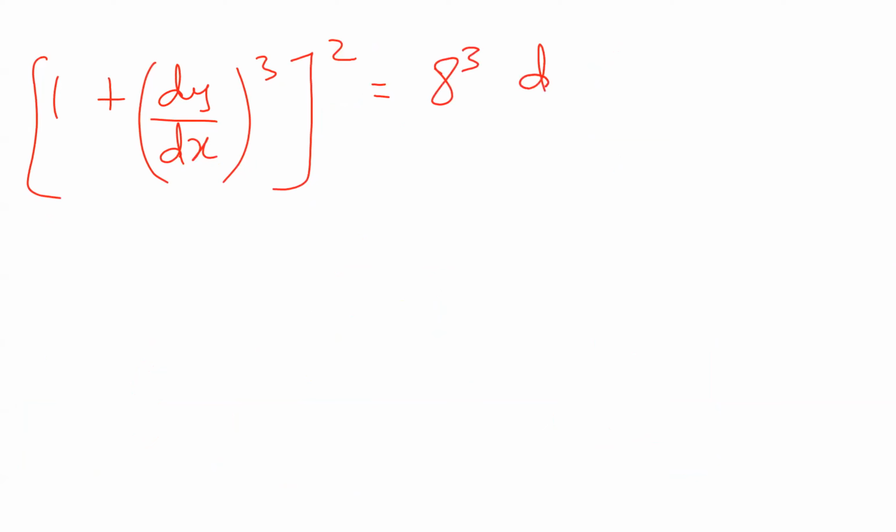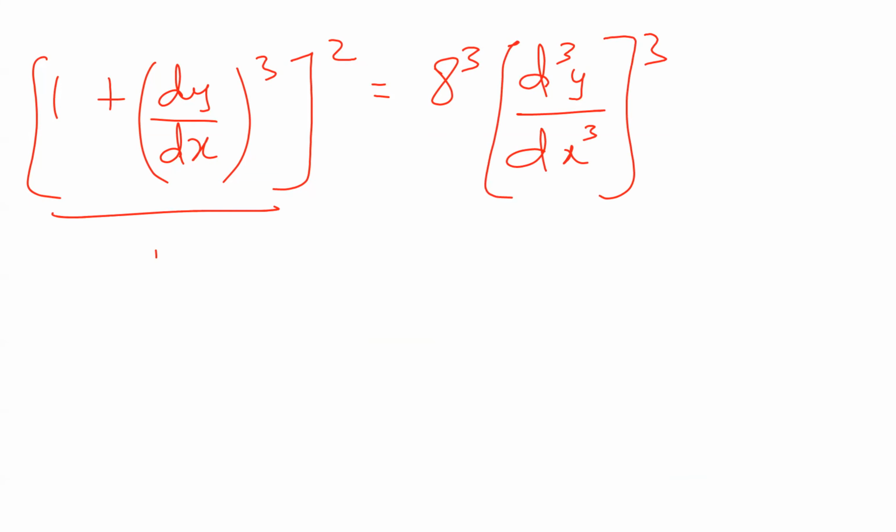Now this is the simplified form. You can take a plus b the whole square on the left hand side, but it does not matter as such.